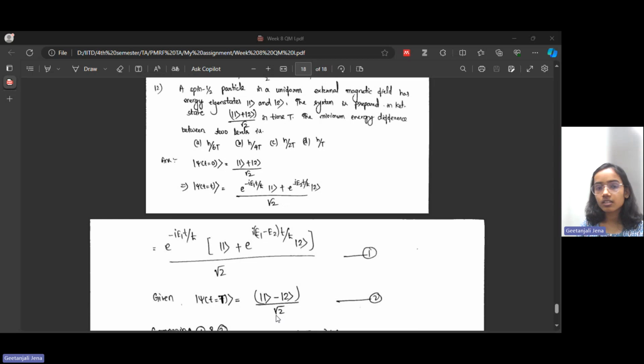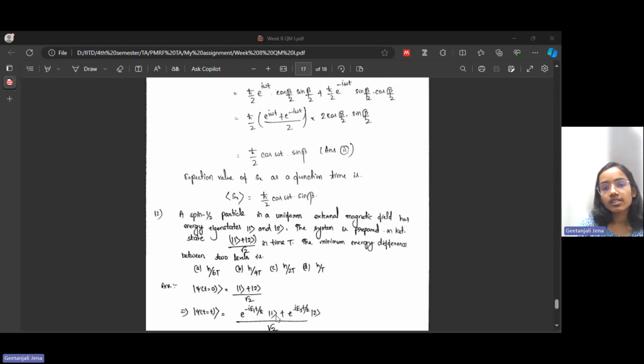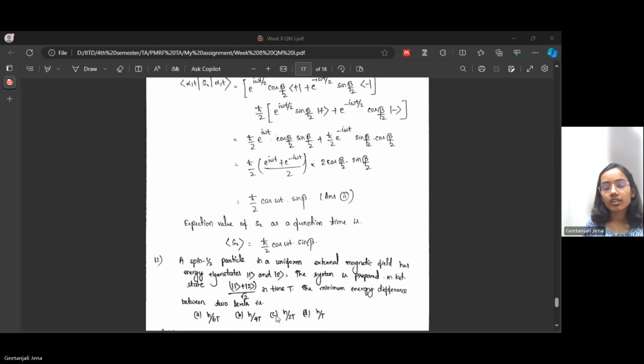Now it is asking what is the minimum energy difference between these two levels. Here you are seeing there are two levels, 1 and 2, ket 1 and ket 2. The state is already given, and it is asking about the minimum energy difference between these two states.